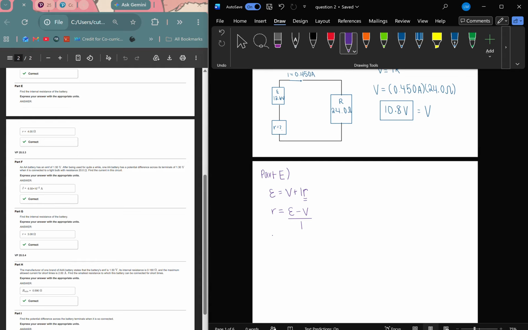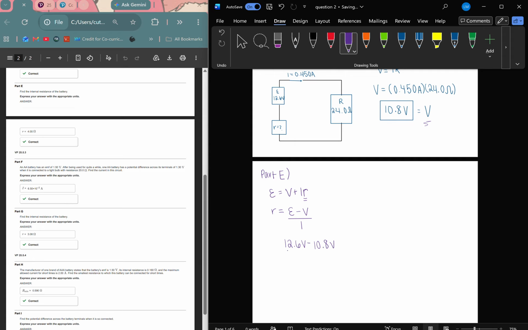So the E, the electromotive force, is 12.6 volts. Subtracting the V that we found here, which is the potential difference. The V is the terminal voltage or the potential difference, so we're going to put 10.8 volts.